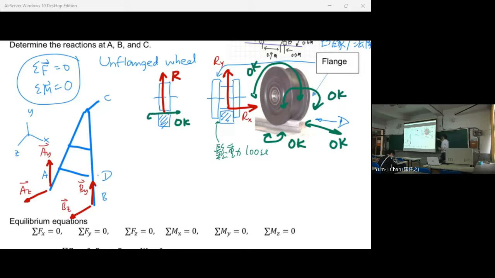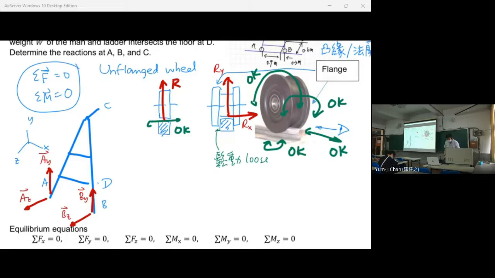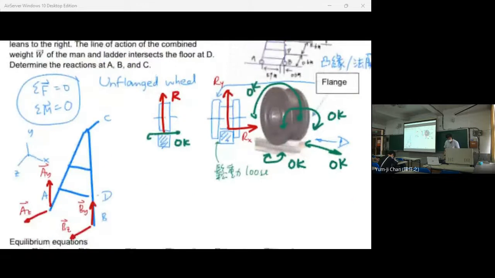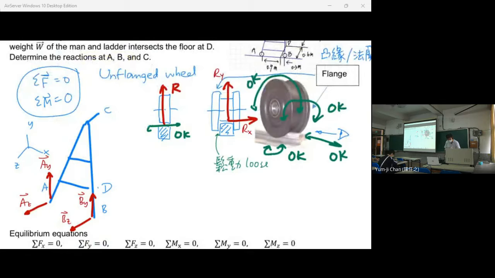And for the unflanged wheel, the unflanged wheel is in this direction.